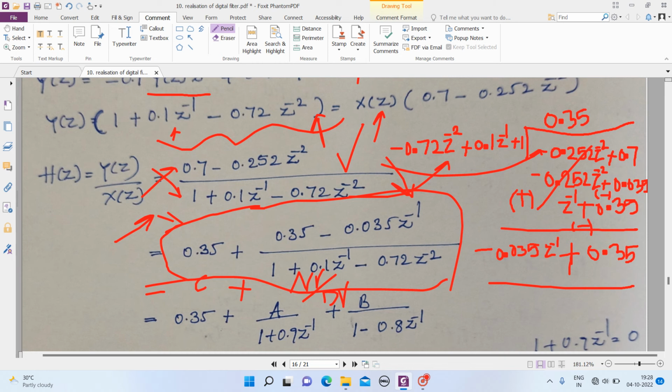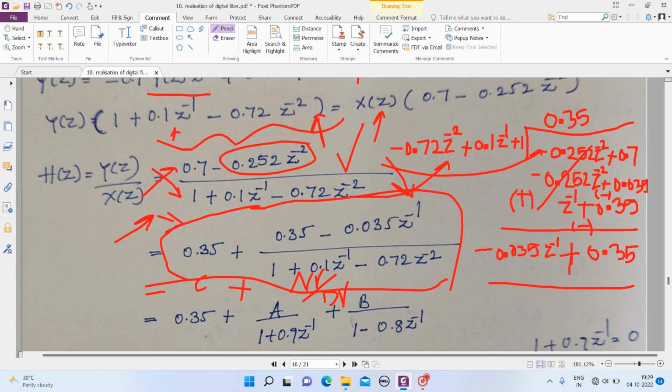Thereafter, the very important concept is that we have to write both the equations from the higher order degree to the constant. For example, here I wrote minus 0.72 z inverse plus 0.1 z inverse plus 1. Again I wrote this equation first with the higher order degree term, minus 0.252 z to the power of minus 2 plus 0.7.